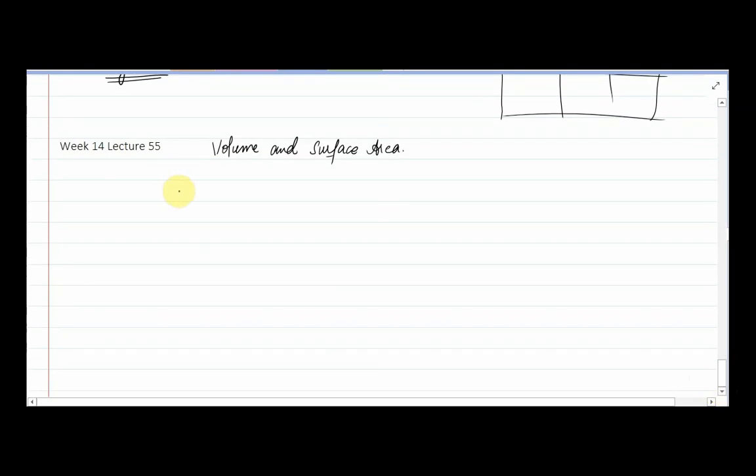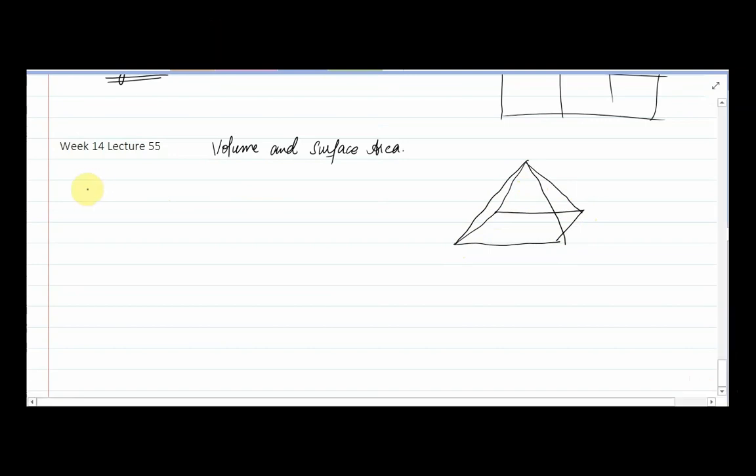It is very difficult for me to draw, but I am going to try my best. So that is the shape of a pyramid, right?